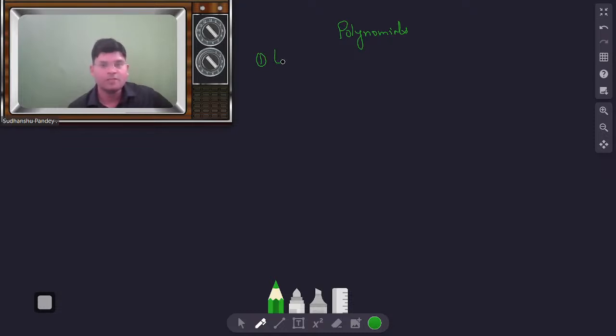So in polynomials we have understood what an expression is, what the value of the expression is, what the coefficient, the variable and the constant in this expression are, and what the terms in this expression are.